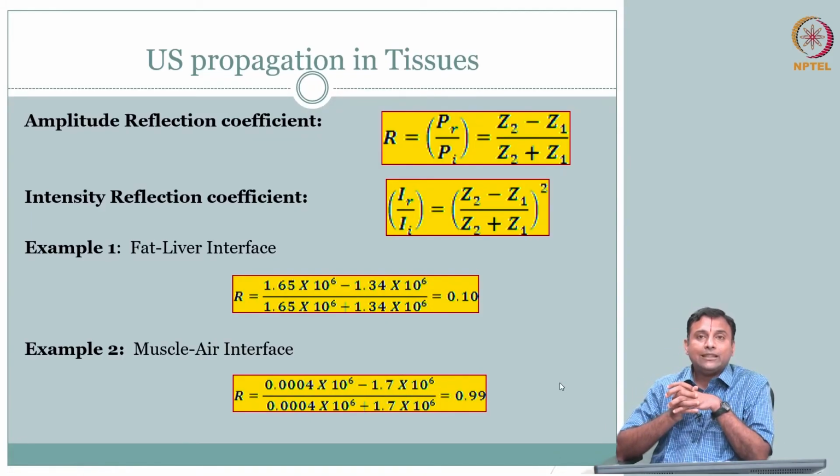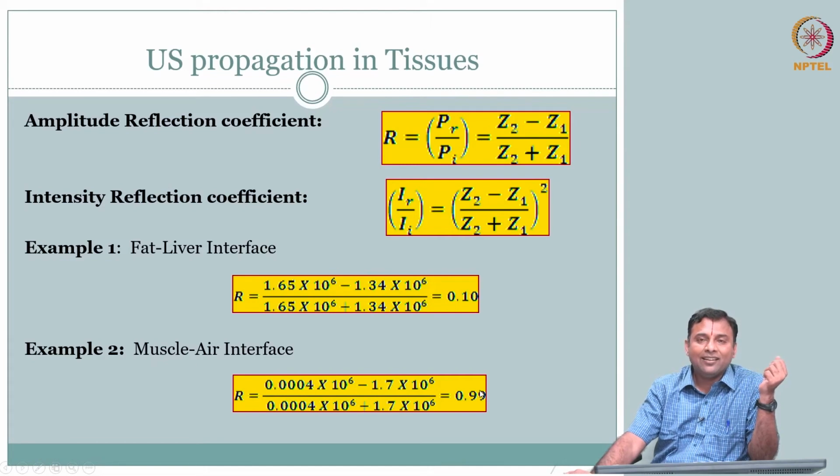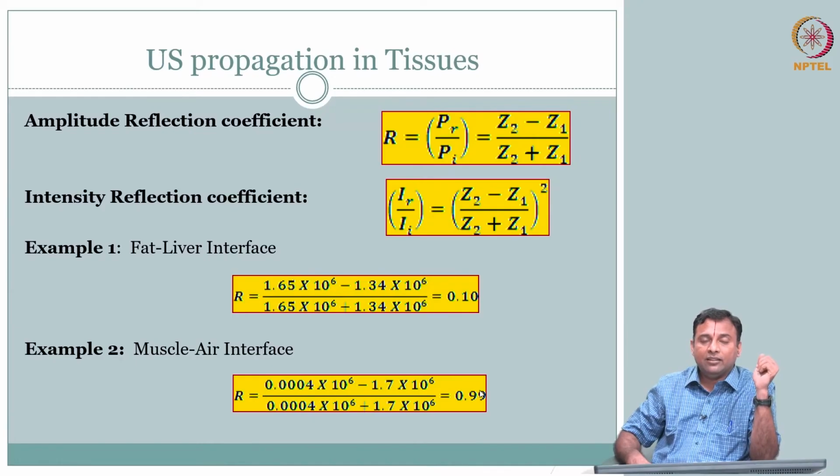So now the question is, okay, one is 0.1, the other is 0.99. What is good, what is bad, what is desirable, what is not desirable, how do we put into context these numbers that we are seeing, right? So there is a good and a bad. So what does that reflectivity say? I send a sound wave in.